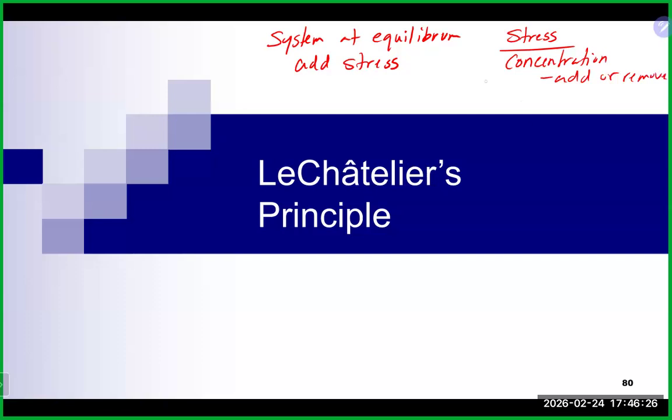If we are dealing with gases, volume and pressure is another set of stresses that you could do to a system. Temperature is another stress that you could add to the system. And finally, something like a catalyst is something that you could add to it.